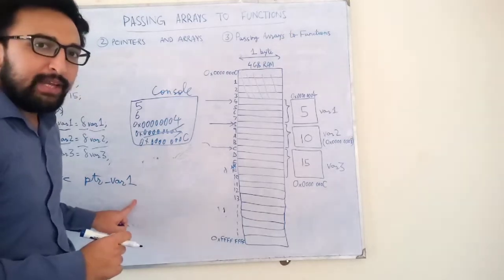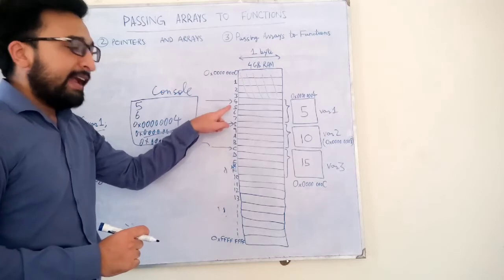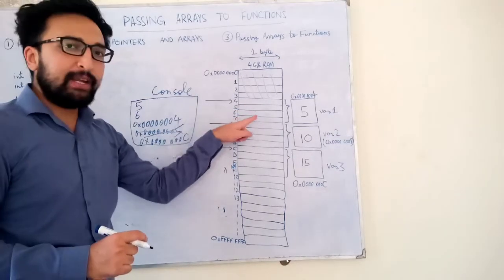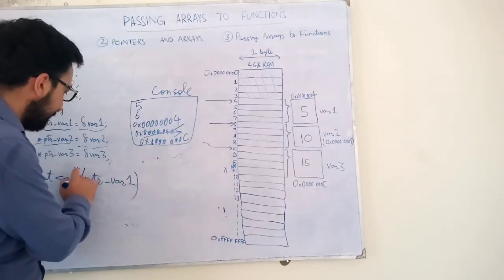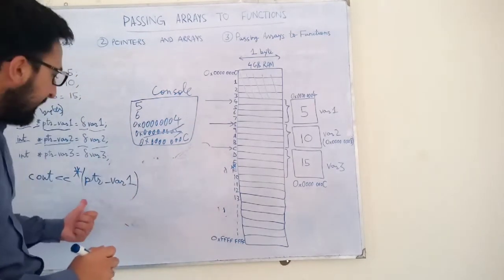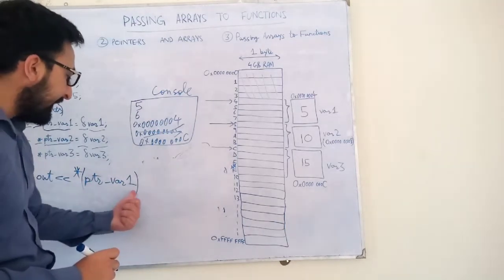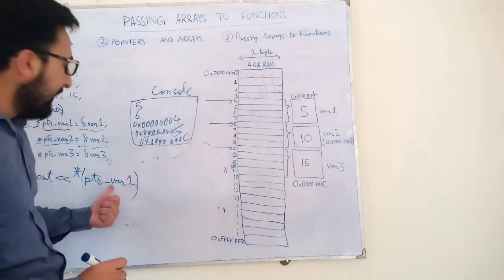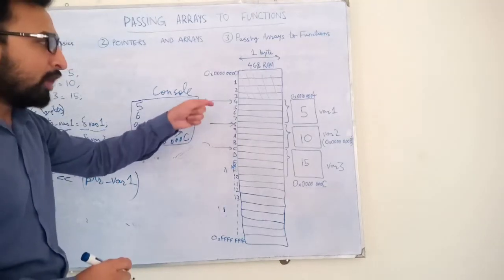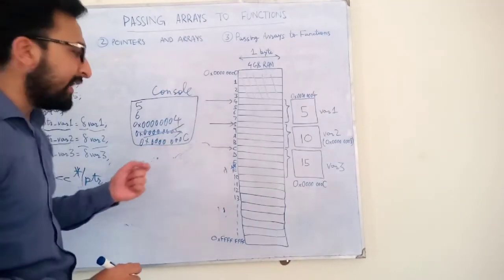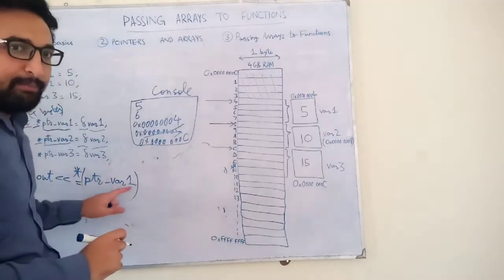So ptr_vr1 is pointing to this particular address, and if we want to access this particular value, we need to put an asterisk before the pointer variable name. This means that we are dereferencing the value accessed by this pointer variable. This pointer variable holds this address, and if we want to pick the value from that address, we have to put the dereference operator along with the name of the pointer variable.